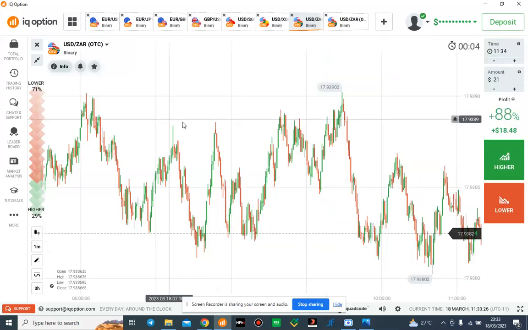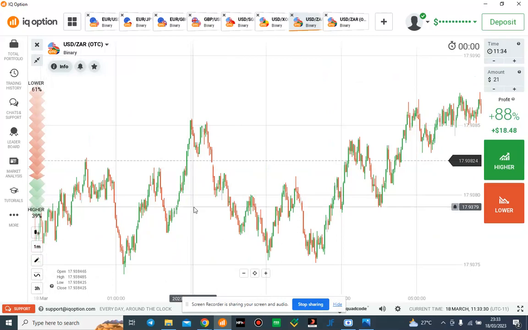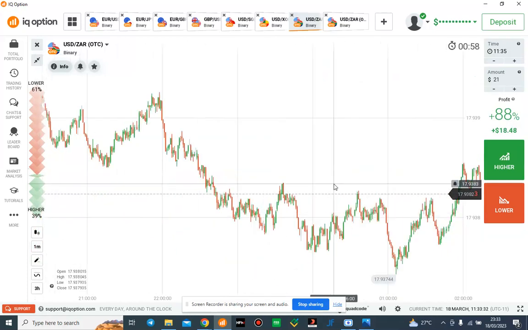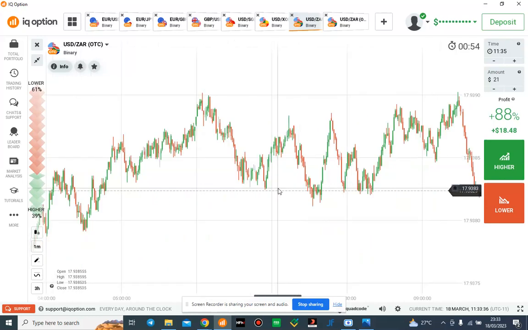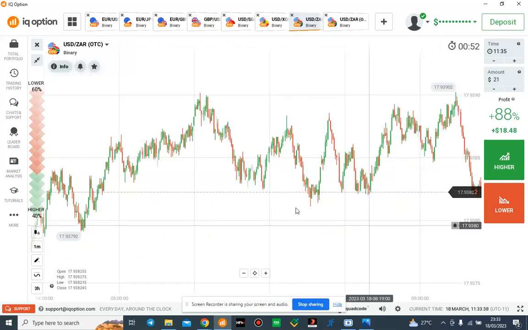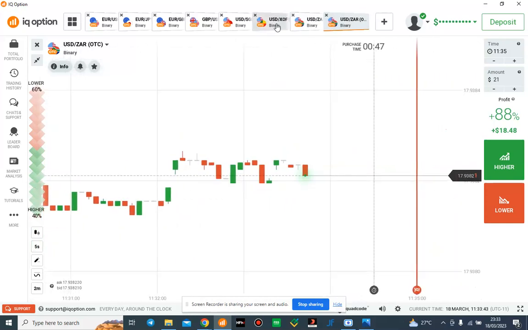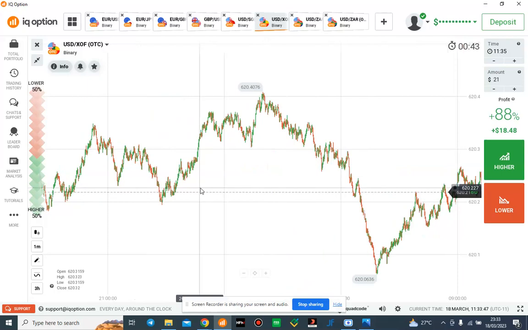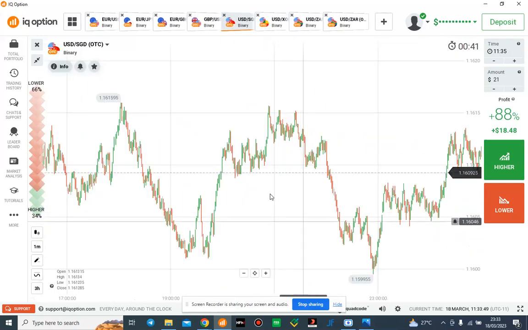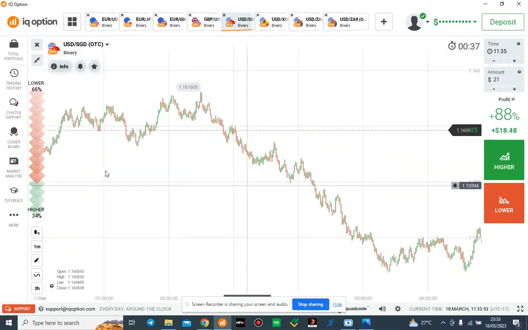Observe so many things: the line chart, the candles, rejection areas, supports, resistance before you place your trade. Because otherwise you'll be wondering why you placed a trade, then the market is not respecting your analysis.